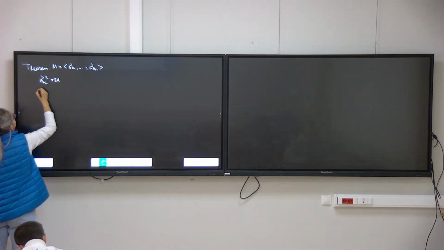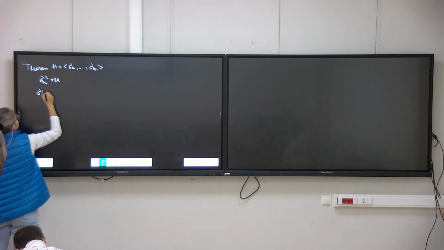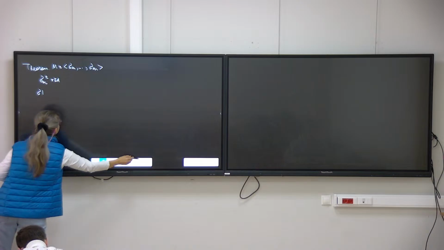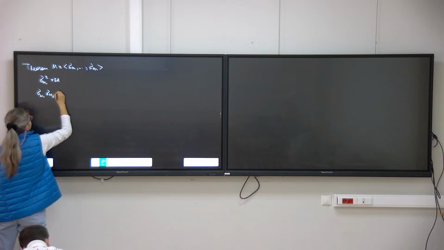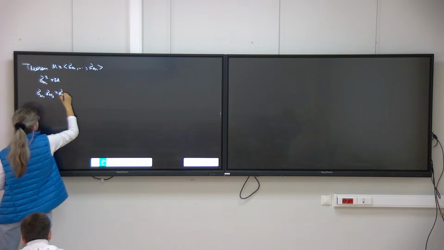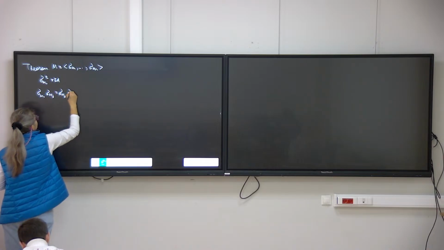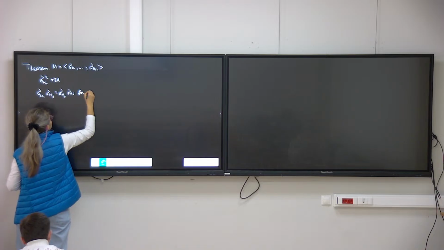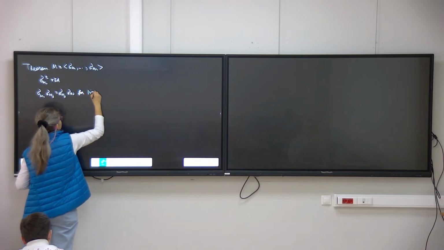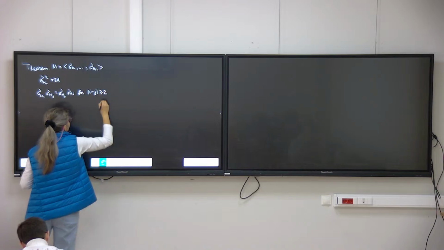Then sigma Hi, sigma Hj commute when they're not adjacent, for i minus j at least 2.